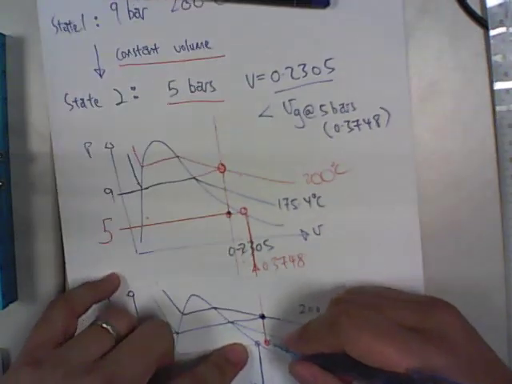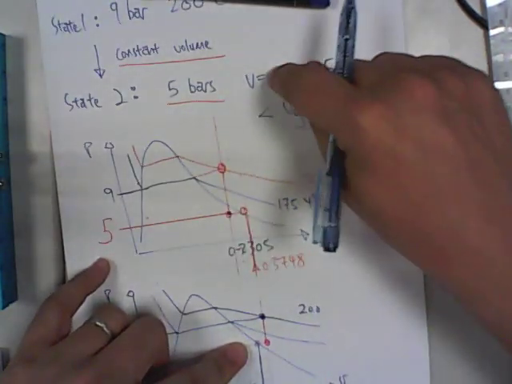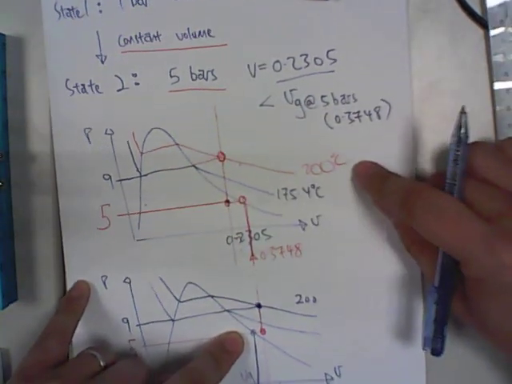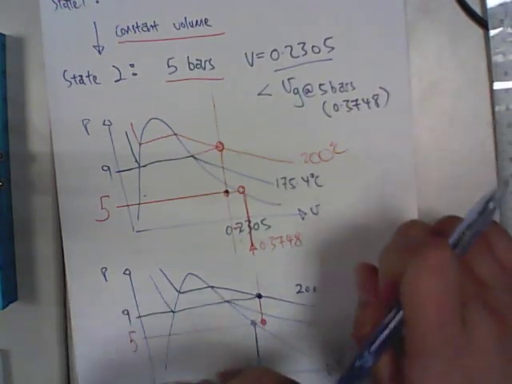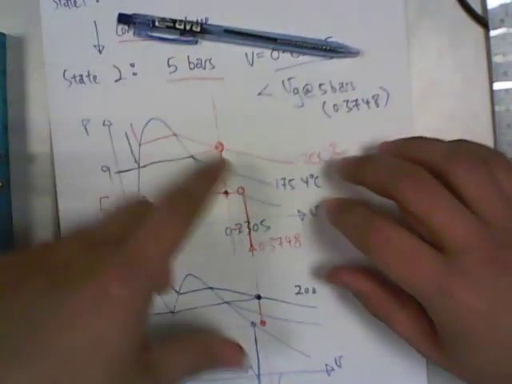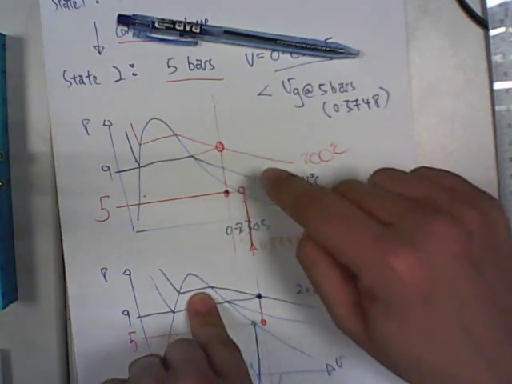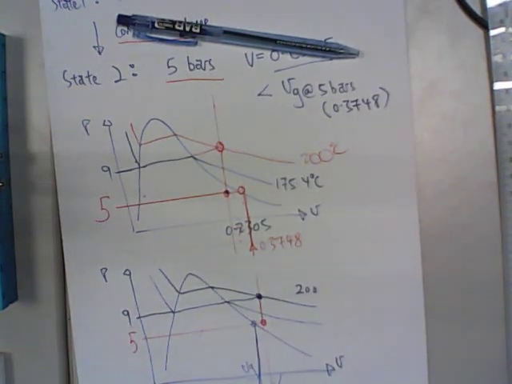So this is the thing to compare with. You compare the current volume at that state with the Vg at that pressure. So this is the way to determine whether it is under the hill or out of the hill. Superheated.